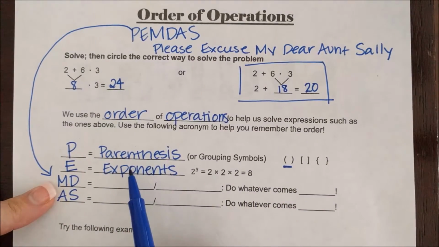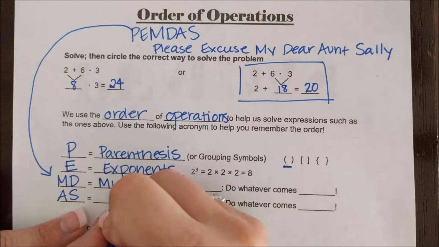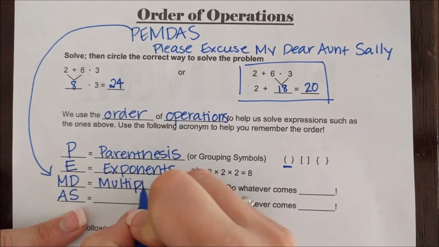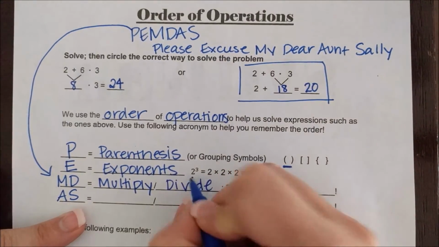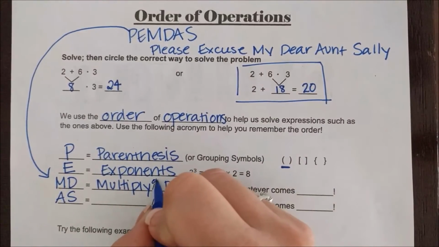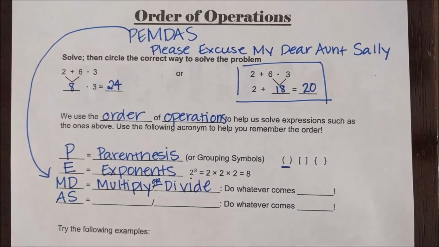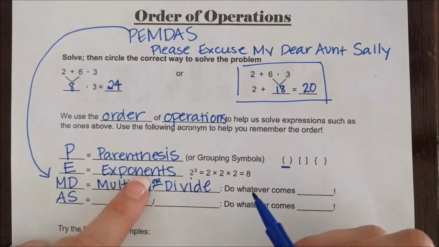After we do any parentheses and then any exponents, the next thing we're going to do is multiply or divide. Okay, and if you notice, I said multiply or divide. Okay? It doesn't mean that we multiply first and then divide. It's multiply or divide.